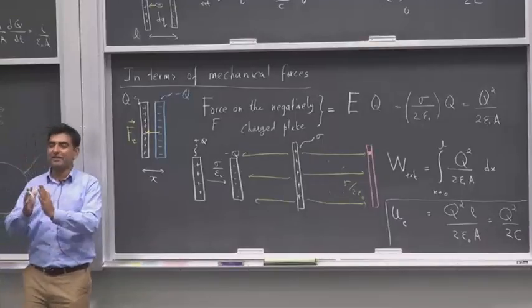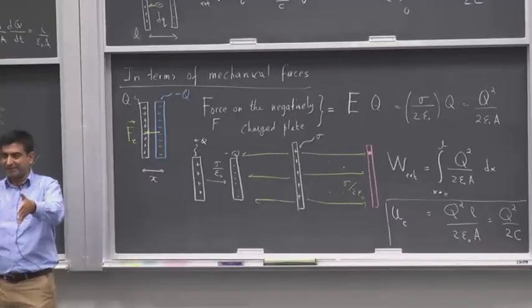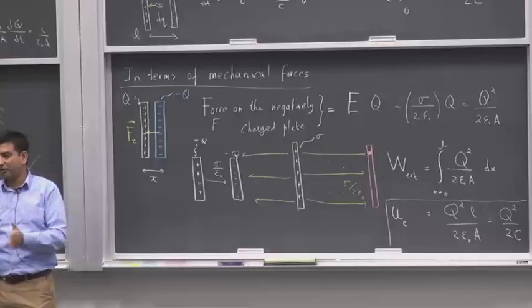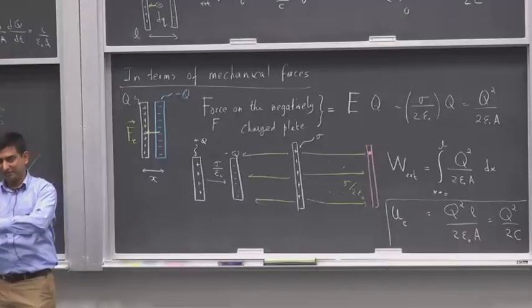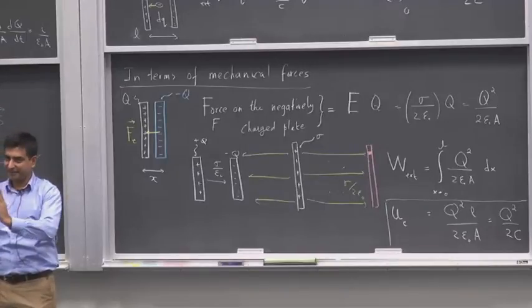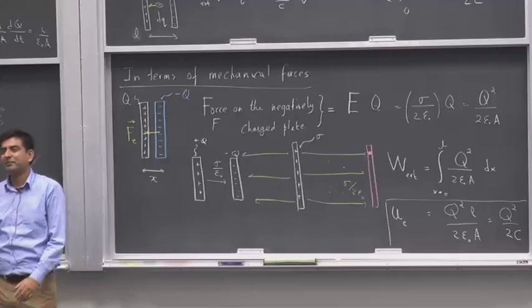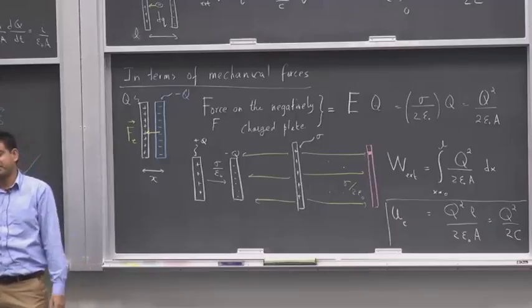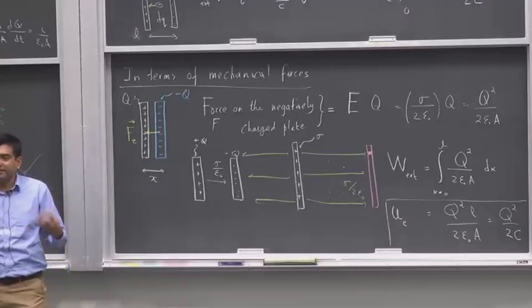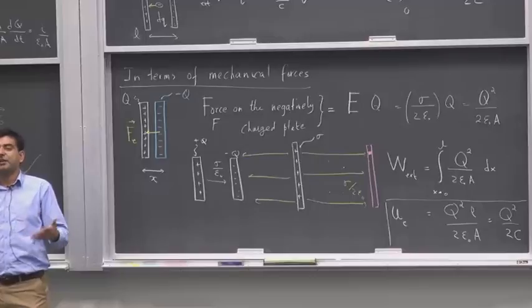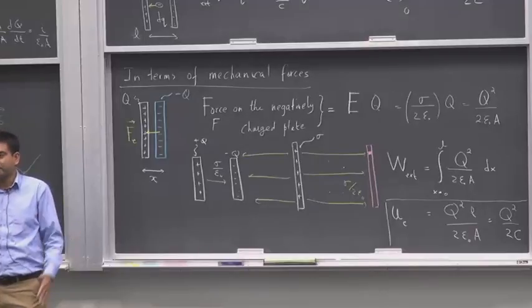Either have two plates that have a fixed distance and deposit charge on them, or have the charge fixed and separate out the plates against electric force. These are the two ways wherein we can build a capacitor, and they determine how the electric energy stored inside the capacitor builds up. Alright?